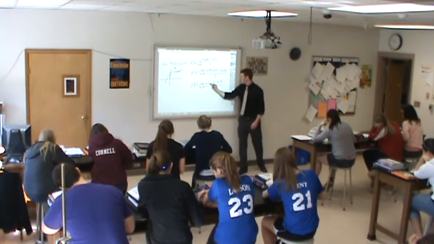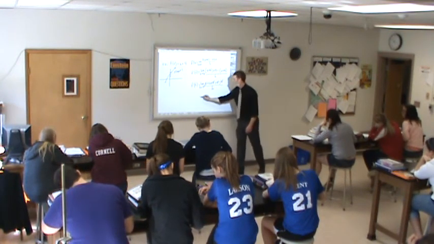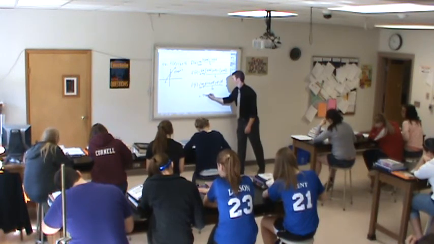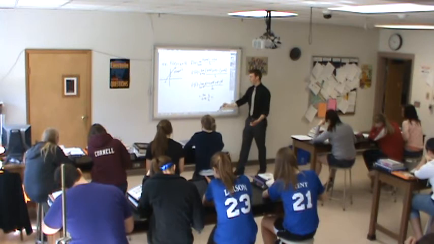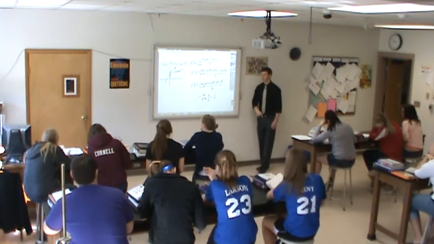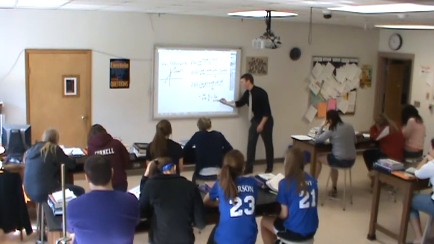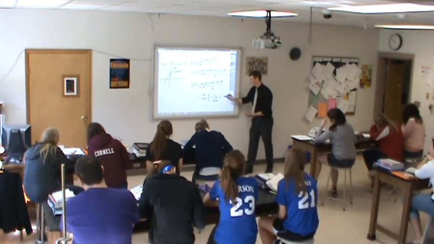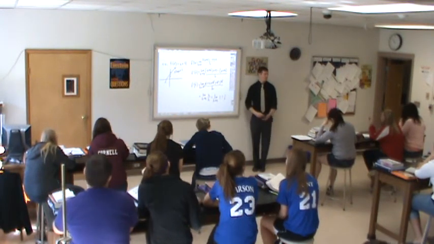The 4's, the x's, and what are we left with? H over h, which is the limit as h goes to 0 of h over h. Anything divided by itself is 1. So technically it's the limit as h goes to 0 of 1, which is just 1. Okay, so what's that say? The slope is 1.